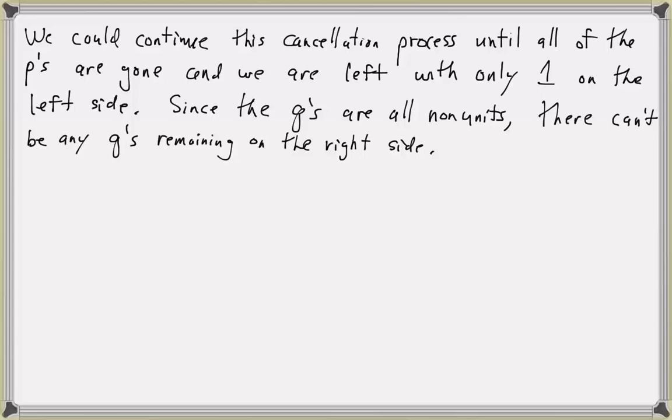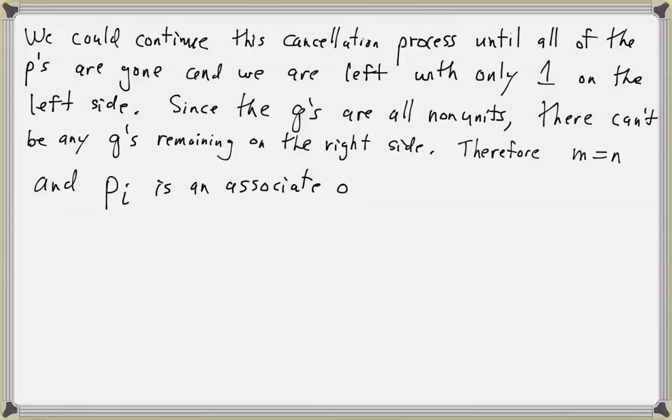So therefore, we must have had the same amount of factors on the left hand side and the right hand side. So therefore, m equals n, and then after renumbering, we see that each pi is an associate of factor qi.